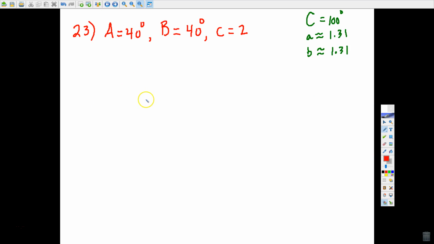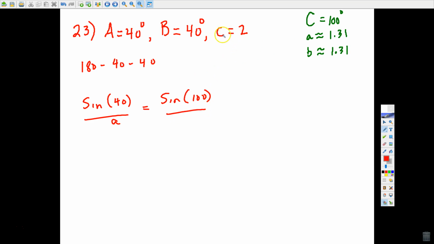All right, so if you need to, you can draw the triangle, but obviously I'm looking for side A and B, and we'll infer that angle C is 100 degrees because of, again, 180 minus 40 minus 40. So we can try to find side A using sine of angle A divided by A, and we'll do sine angle C, since we know what that is now, divided by the side C across from it, which is 2.